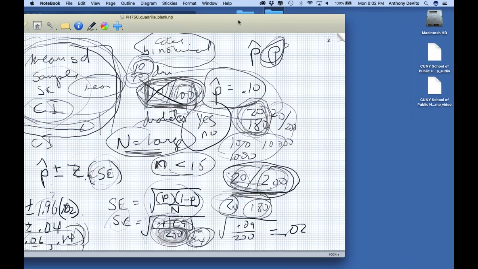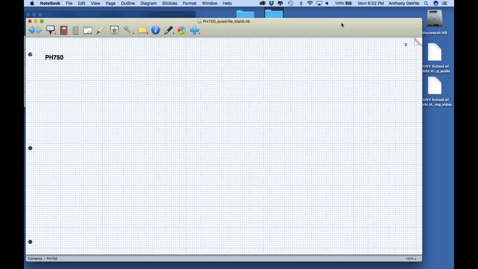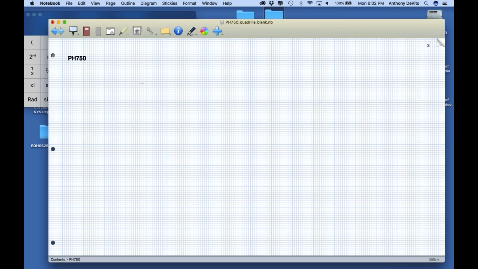So now let's take this to the next step. It is possible that you might wind up in a situation where I say, okay, let's compare the population of seniors who are receiving Medicare versus the population of seniors who are not receiving Medicare, right?